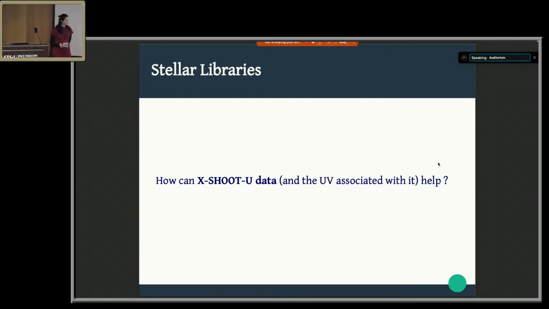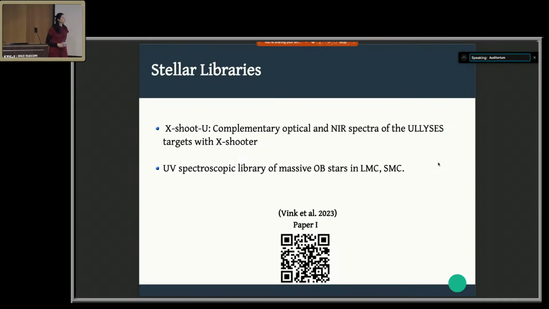Well, I'm not going to describe XQ2 again. Frank already described to you what we did. This is paper 1 with the description of the project itself, but it's optical observations of the Ulysses stars, the high mass Ulysses stars.